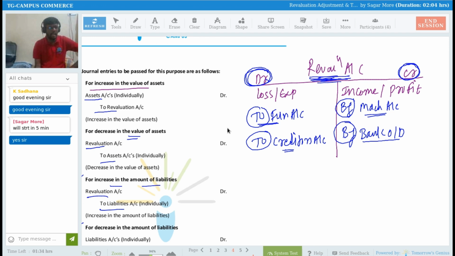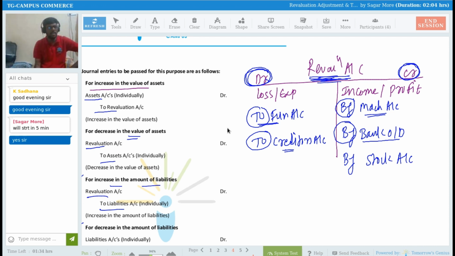So if you are recording it now, what will happen? Your asset will increase. If you are recording an unrecorded asset today, your overall asset balance will increase. Your stock balance will increase. So you'll be writing it down on the credit side by stock account, right? If the value of any asset increases, it's a profit for me.